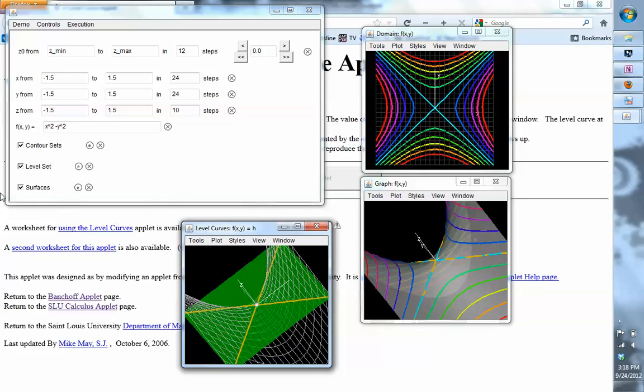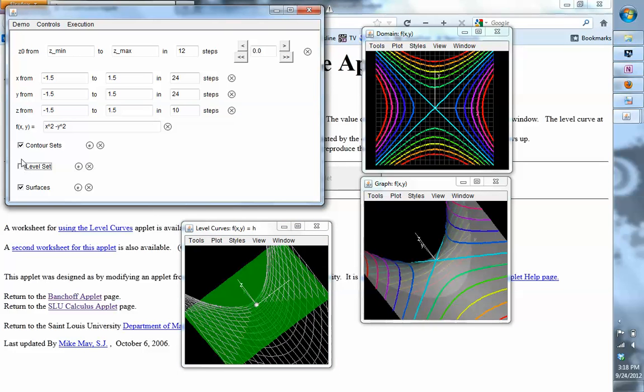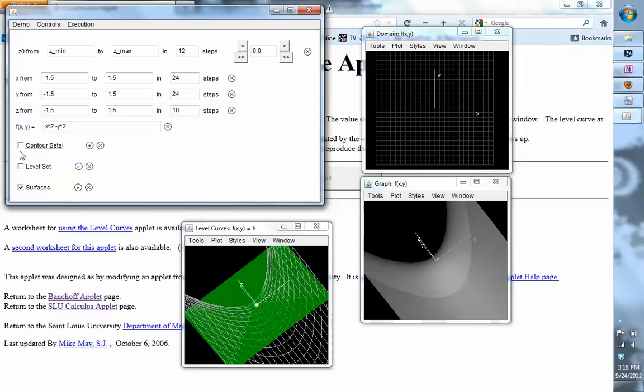All right, let me try to go back to the surface that we were just dealing with, see if I can remember it. Okay, and then those ranges are probably okay.